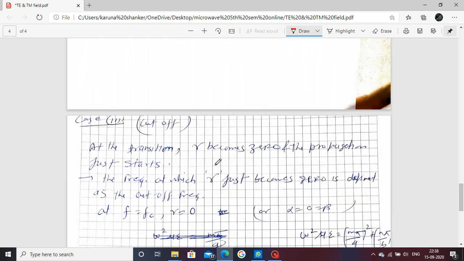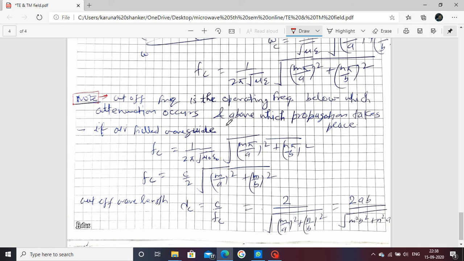When we consider free space, we put mu naught and epsilon naught here. Now 1 upon root of mu naught epsilon naught is equal to c. We put c here. Pi is common, so cancel out the pi. Then the overall term is c by 2 times the square root of (m by a) square plus (n by b) square.